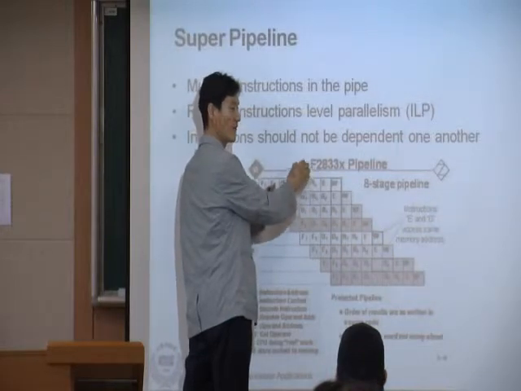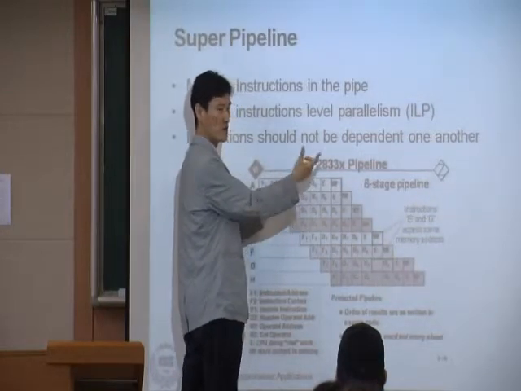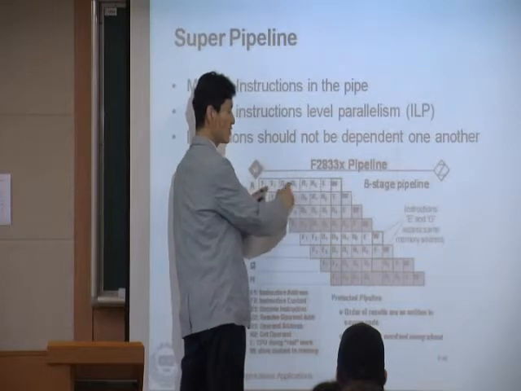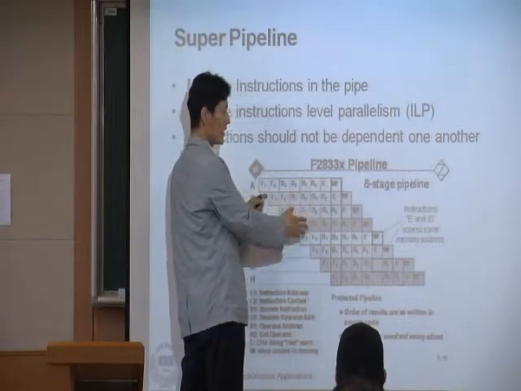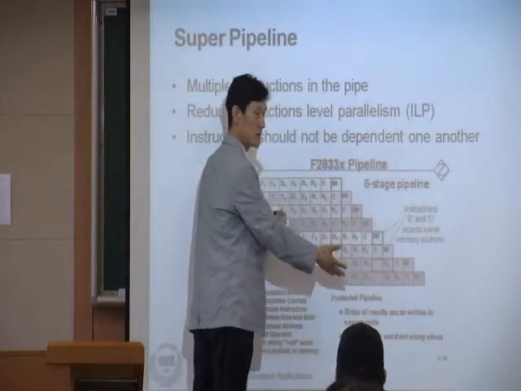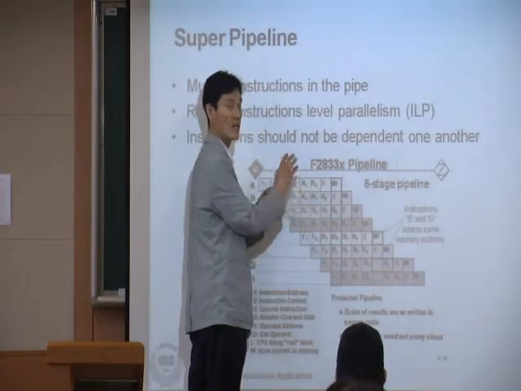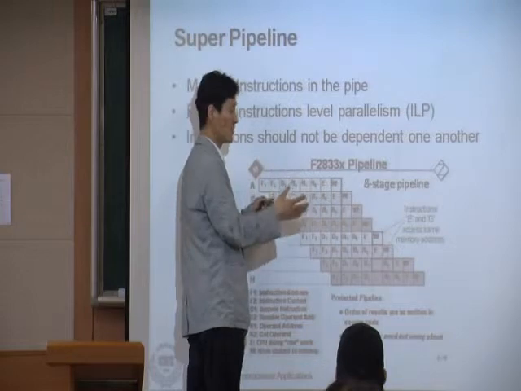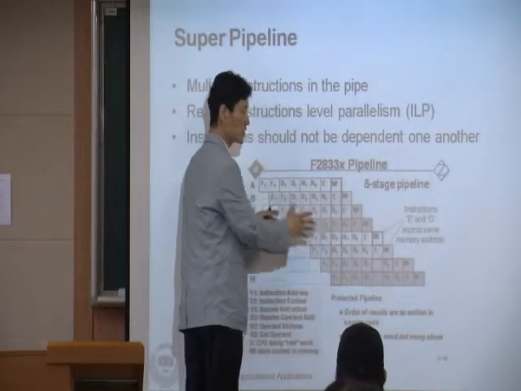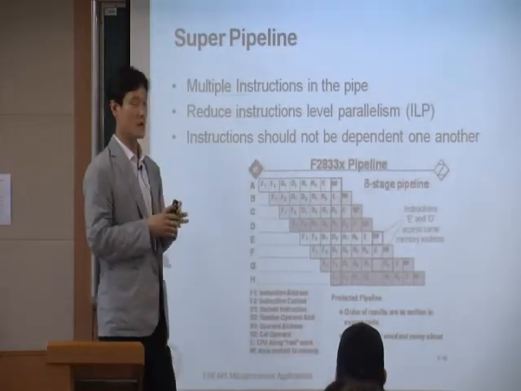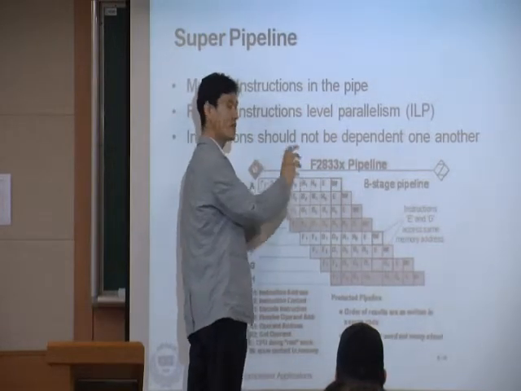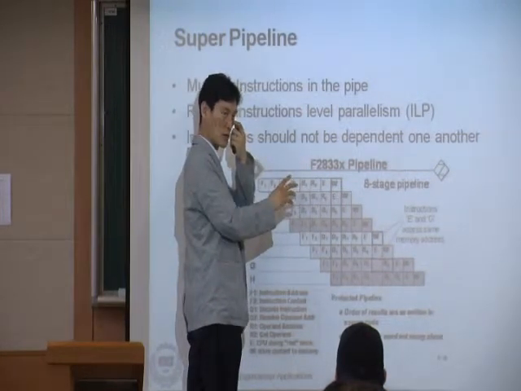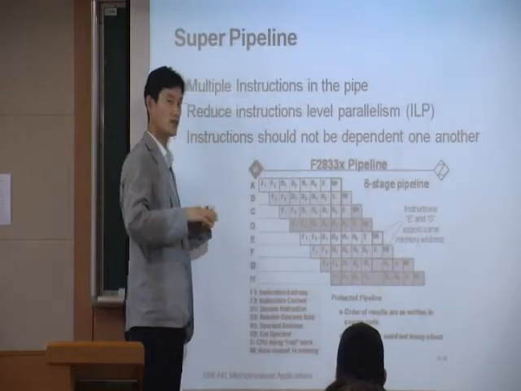Let's say you have some value in the accumulator, you have another value in R0, and the first instruction is the addition of A, the accumulator, and R0. In that case, all the other instructions in the pipeline should not use A and R0. Actually R0 is fine, but all the other instructions should not use the accumulator because the first instruction is using the accumulator and changing the value of the accumulator. So all the other instructions should not use that.